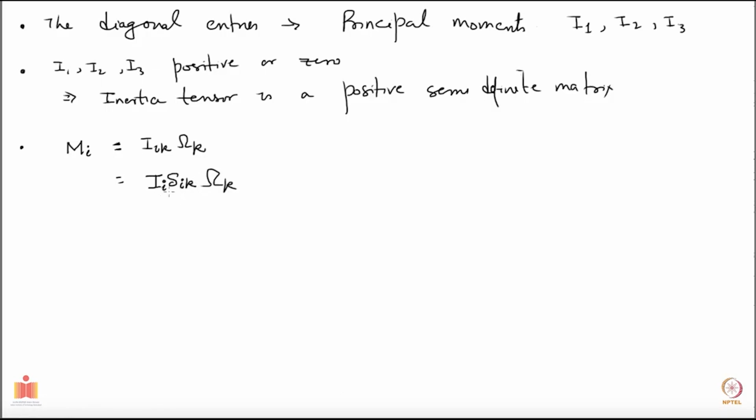I hope this is clear, because let's see this. Let's put I equal to 1. Okay, so what do you have here? You have I1 delta 1 1, right? Sorry, I1 delta 1 k, right?